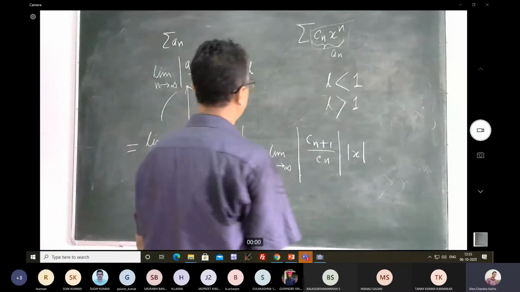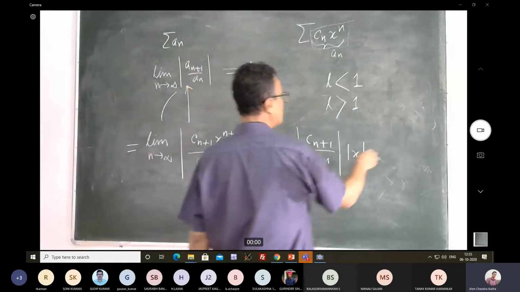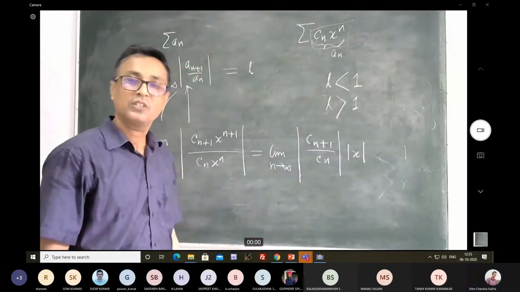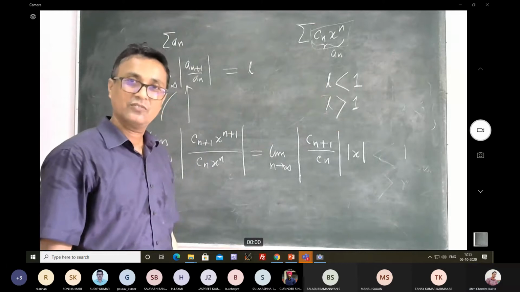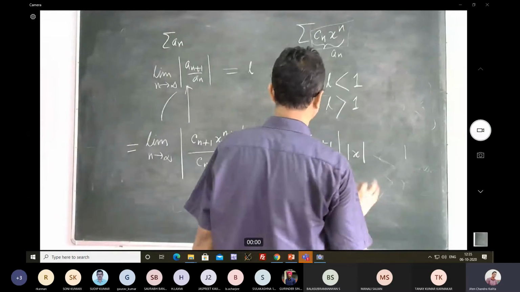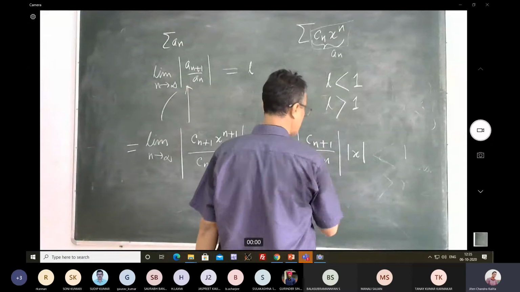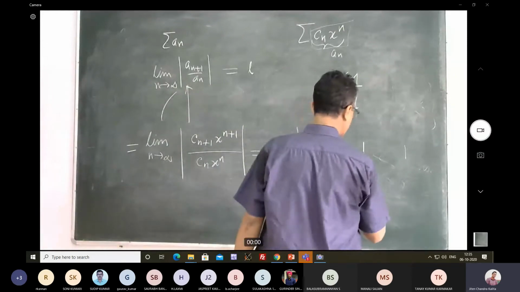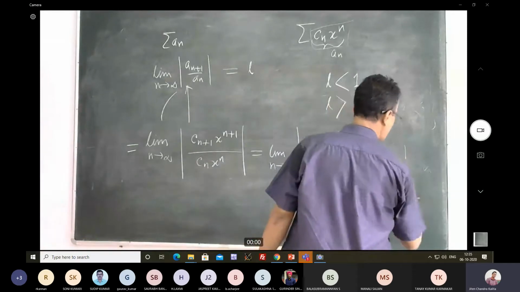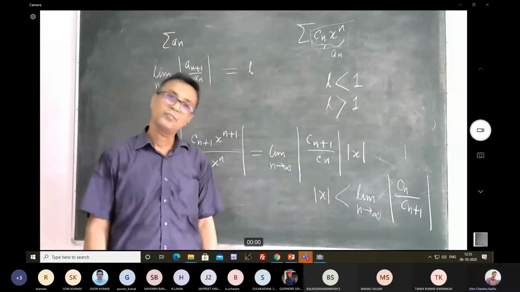Now you know that if this is strictly less than 1, this series converges. That means if mod x is less than the limit as n tends to infinity of mod C n by C n plus 1, this series is going to converge.